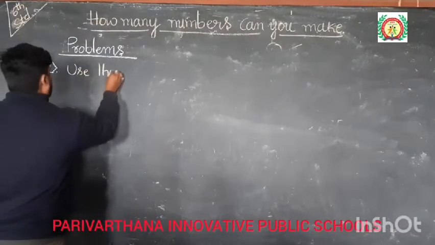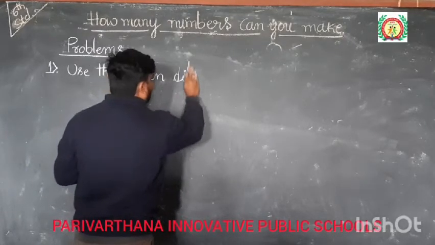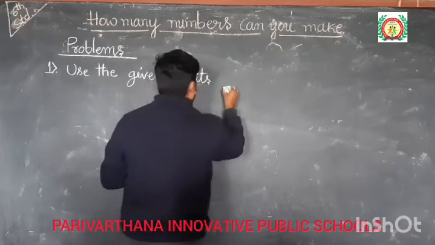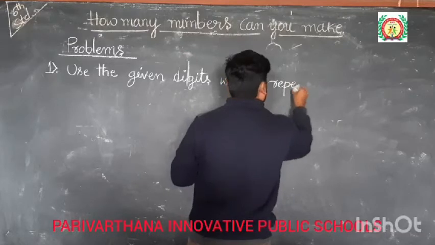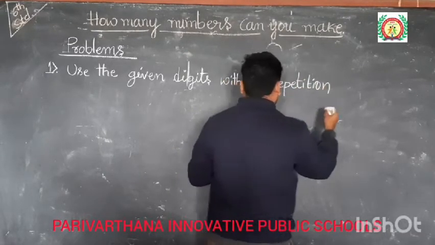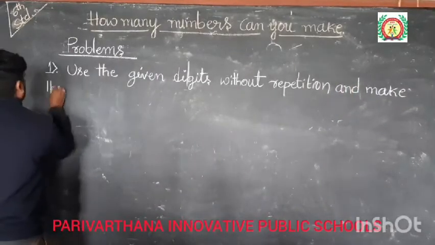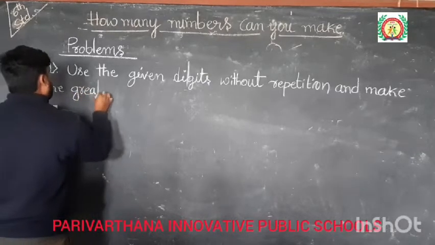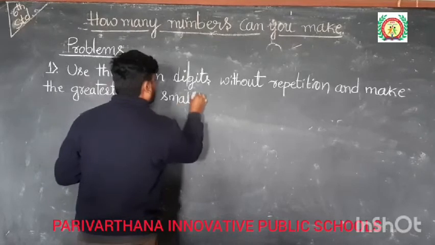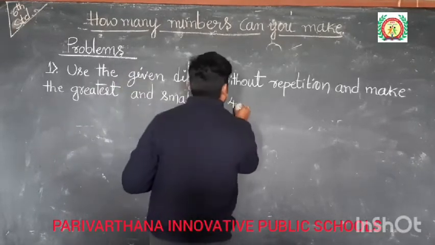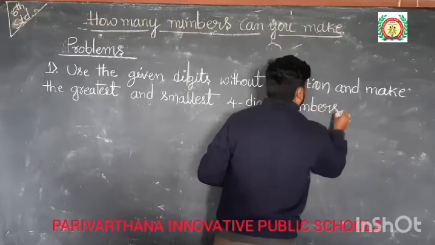Use the given digits without repetition and make the greatest and smallest 4-digit numbers. Greatest and smallest 4-digit number.